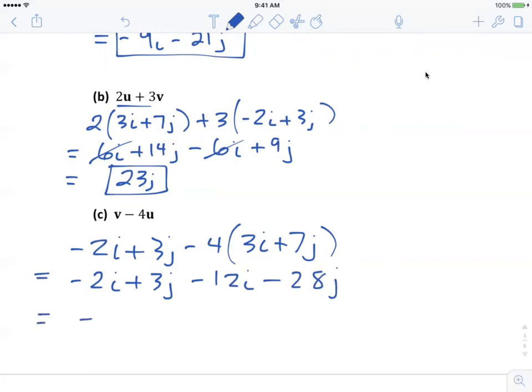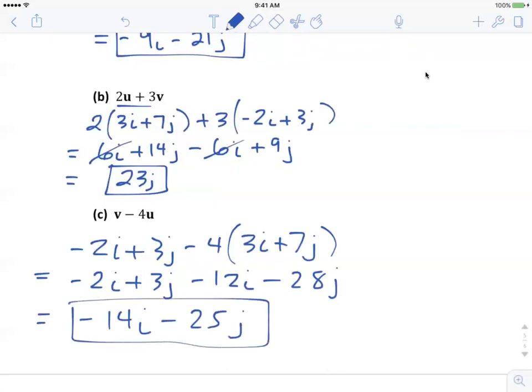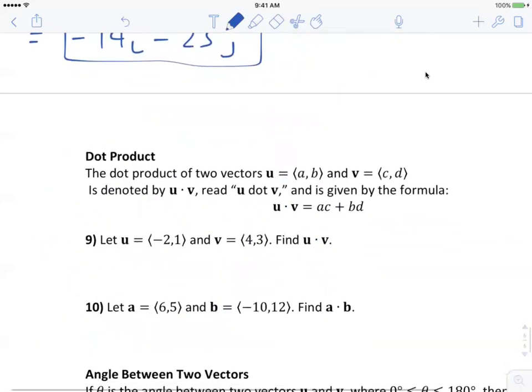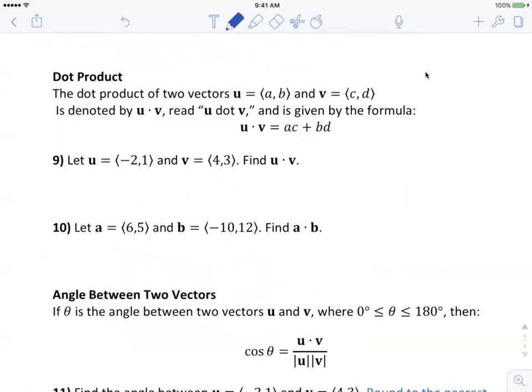The i's would be a minus 14i, and the j's minus 25j. Okay, and that's it.